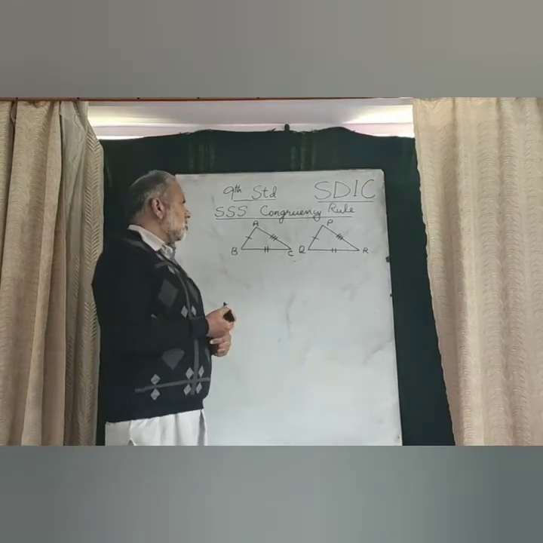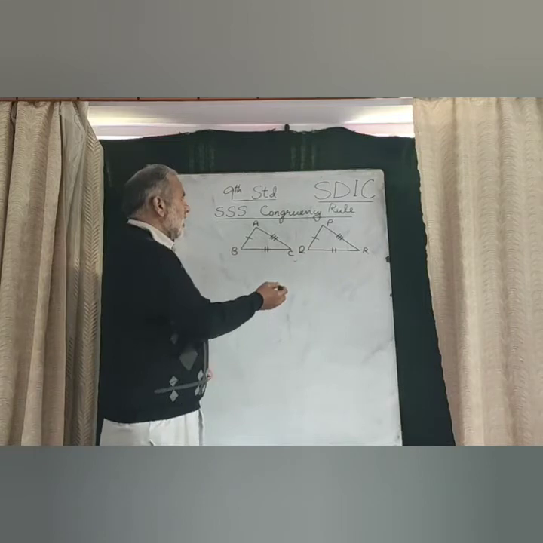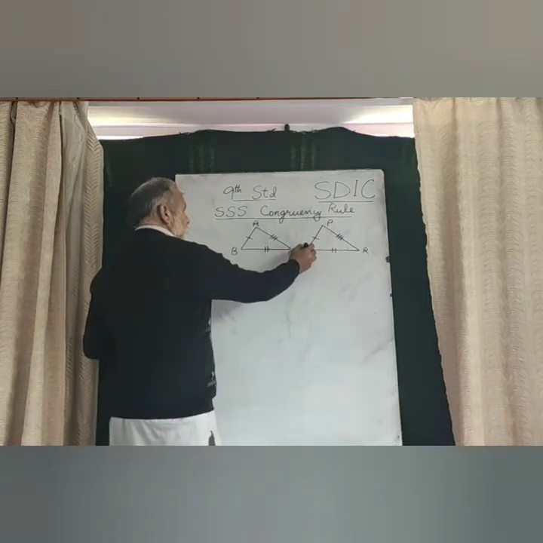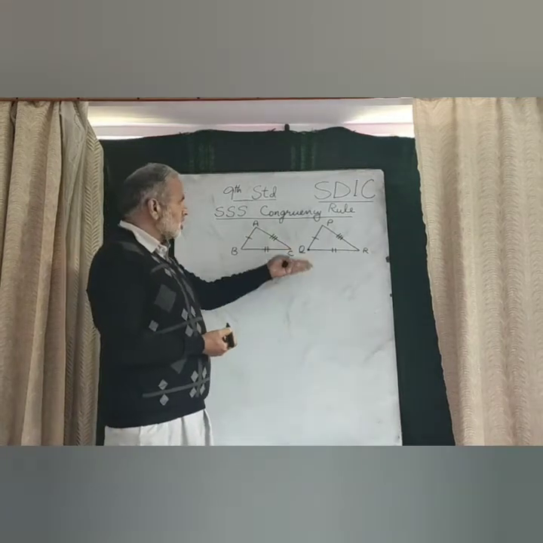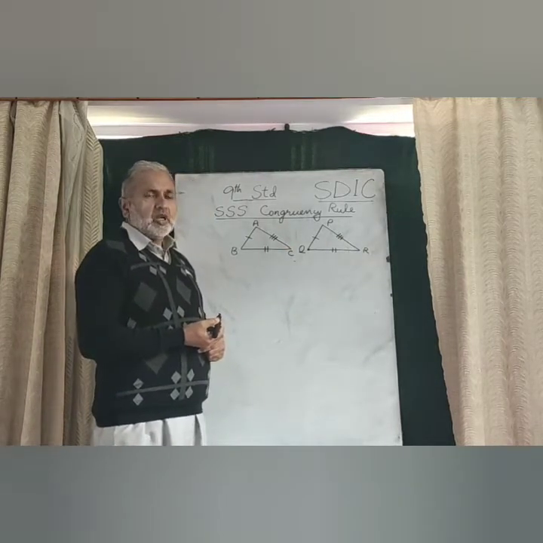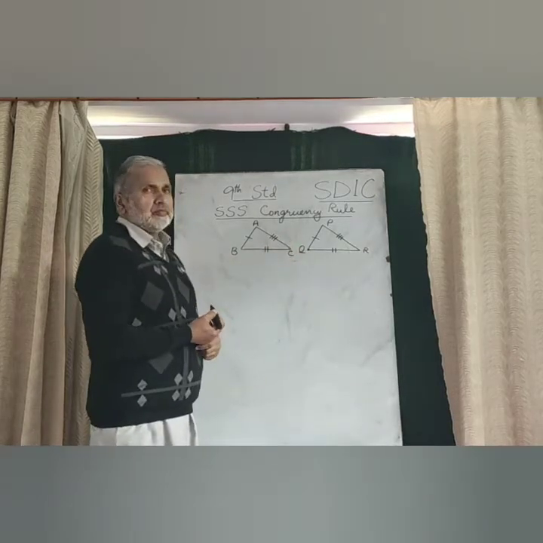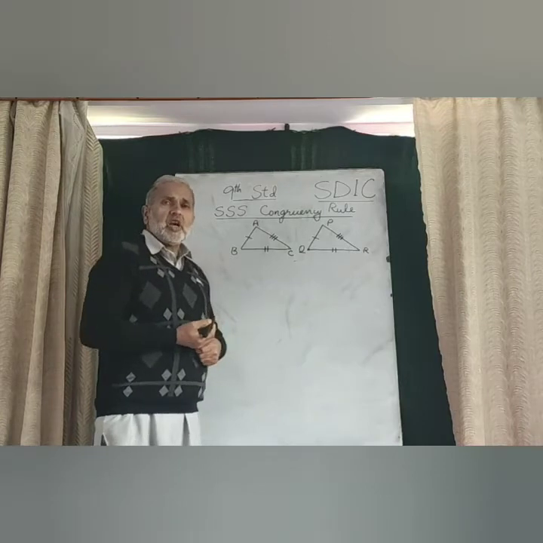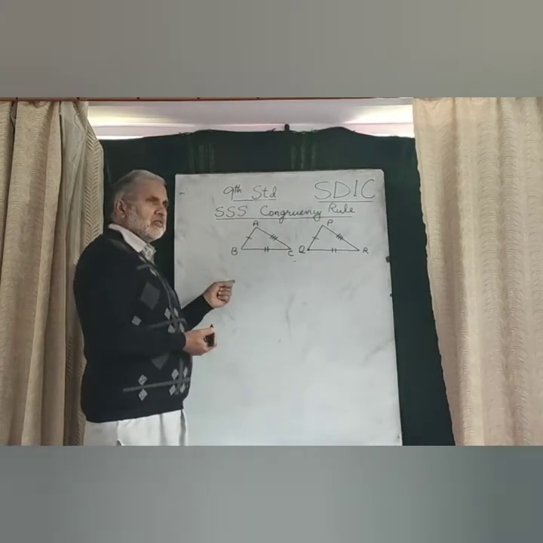And the construction in this case is, let us choose the second triangle. At vertex Q, we'll make an angle on the lower side of QR. The angle that we'll make here will be equal to the angle which we have at the corresponding point of Q in the first triangle.